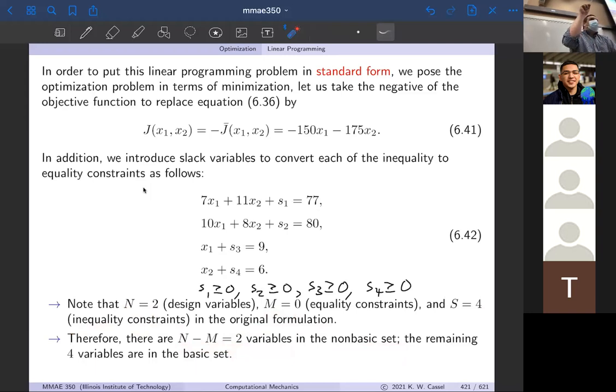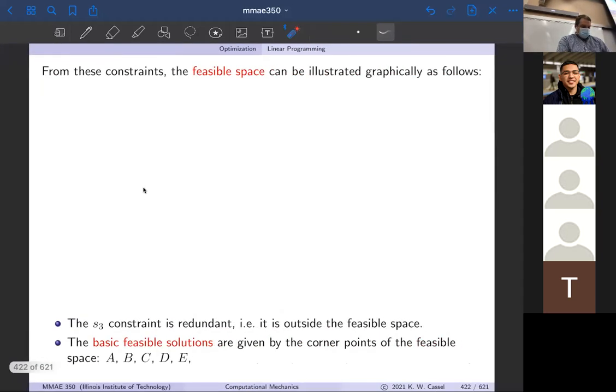So at a potential basic feasible solution, the number of variables equal to 0 will always be 2. And we'll see that as we go through the problem. The remaining 4 variables are going to be in the basic set. So there's a total of 6, 2 plus 0 plus 4. 2 of them will be 0, and 4 of them will be non-zero. And therefore 2 in the non-basic set and 4 in the basic set.